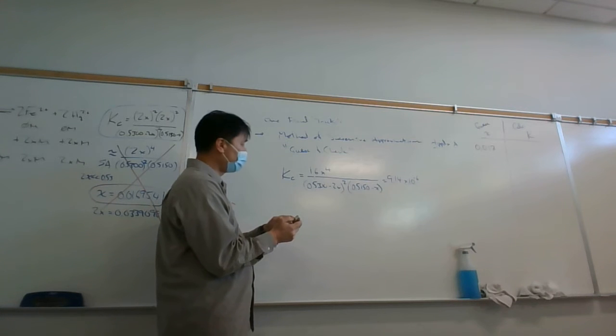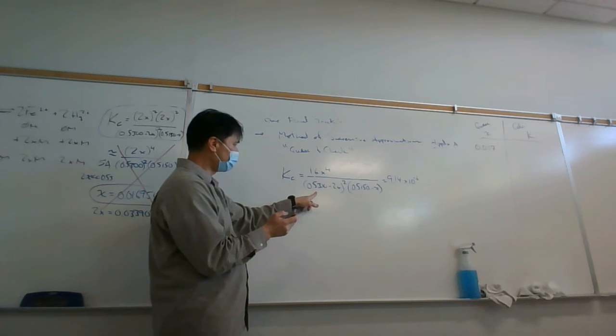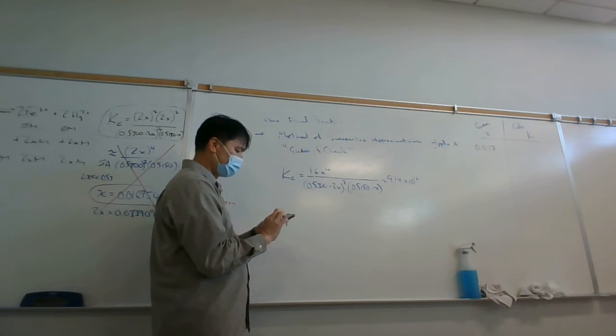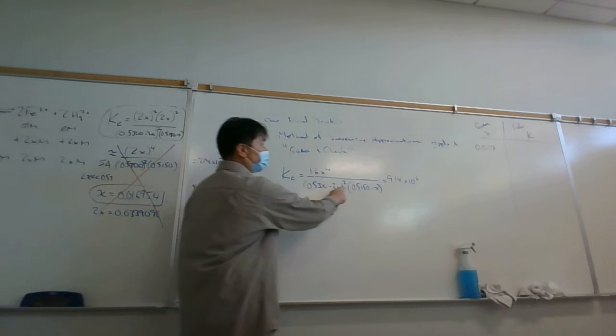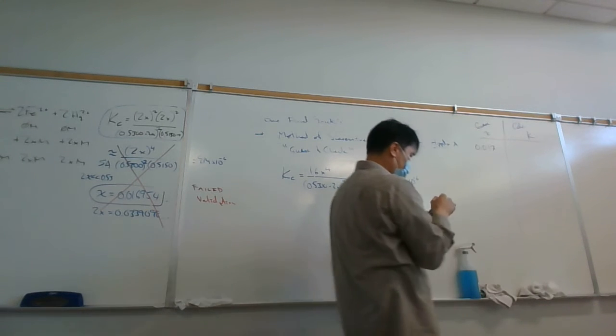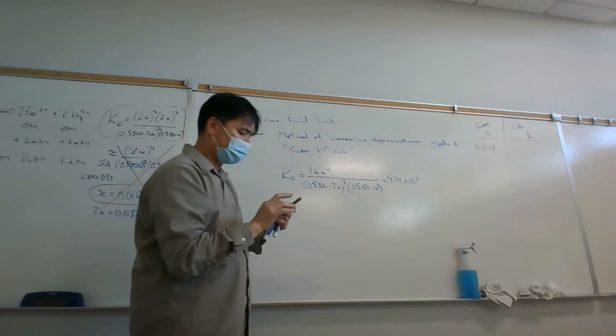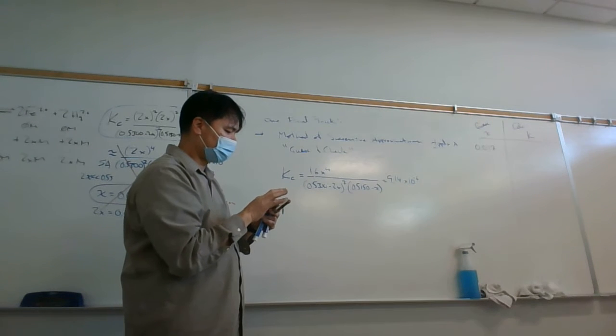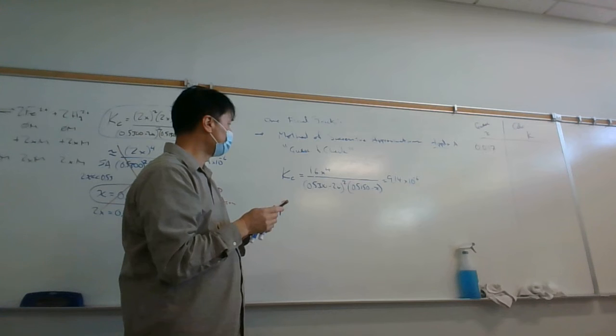Okay, divided by, now I'm going to put this in parentheses here: 0.53 minus 2x. Well, 2 of this is 0.034. So minus 0.034, close parentheses, square this, equals.